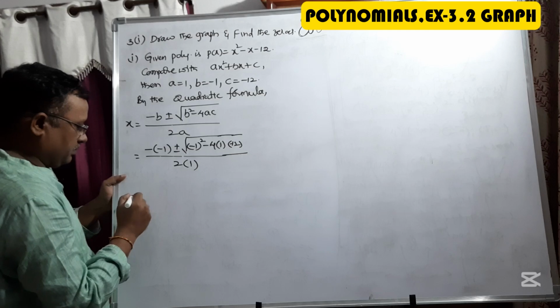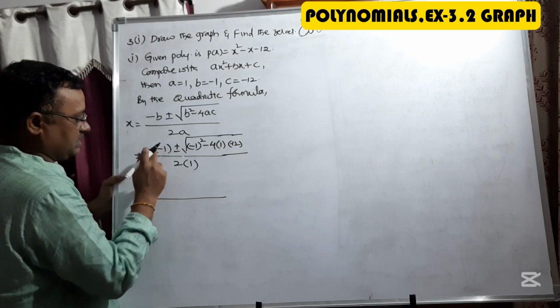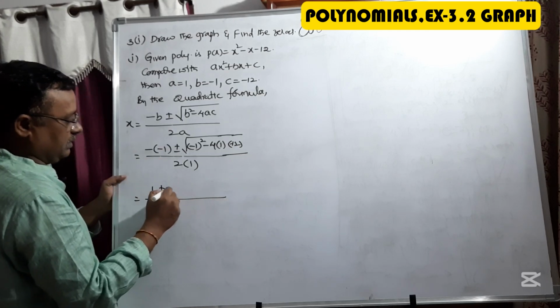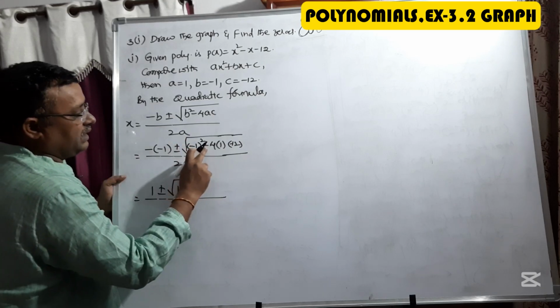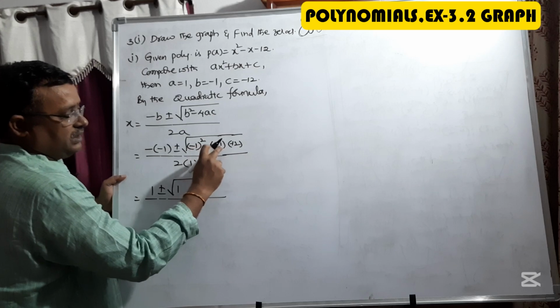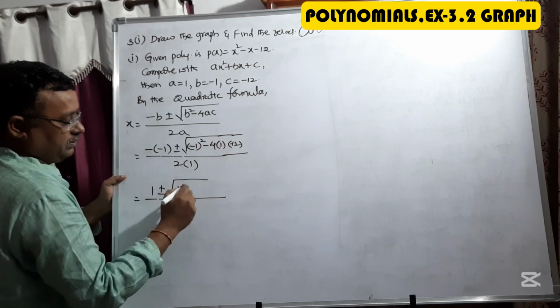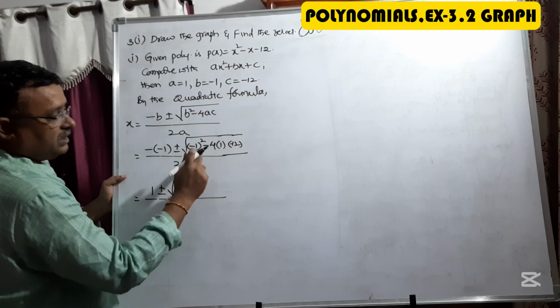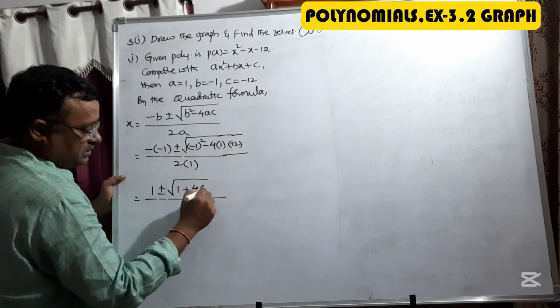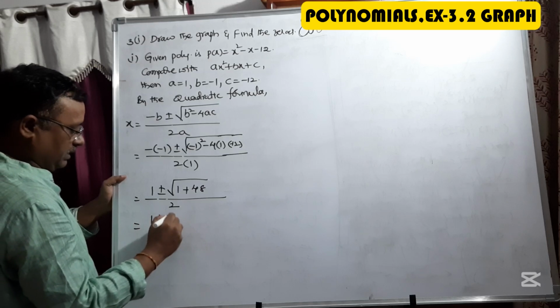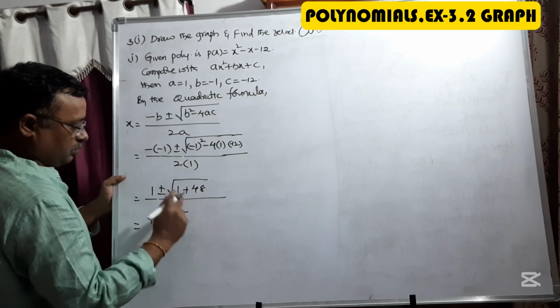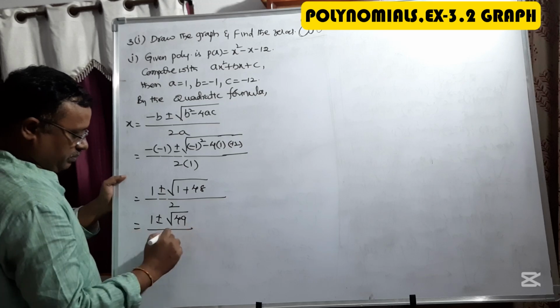Substitution, simplify them. This is equal to minus of minus 1, that is plus 1, plus or minus root over minus 1 whole square, value 1, minus into minus will become plus. Okay, Nana. 4 12s are 48, by 2 1s are 2. This is equal to 1 plus or minus root 1 plus 48 is 49, by 2.